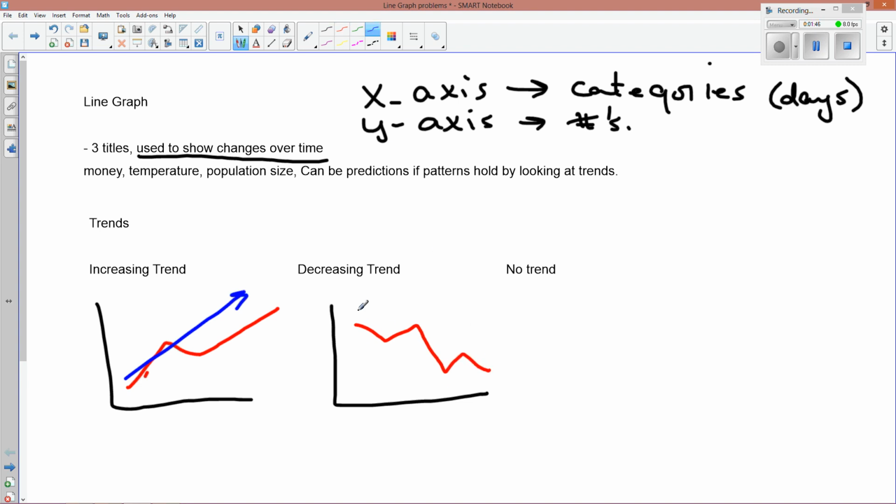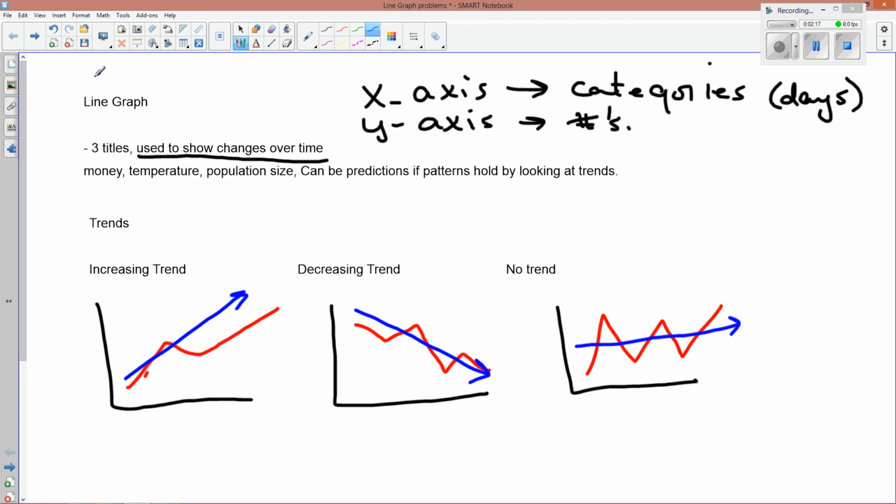This trend would resemble my stock portfolio, sadly. Then you have no trend. No trends might be lines that look like this. So if you went right across looking for trends, it would kind of go like this because you've got half below and half above. So there's no real trend. It's going up, down, up, down, up, down, depending. There's no real trend going on here.